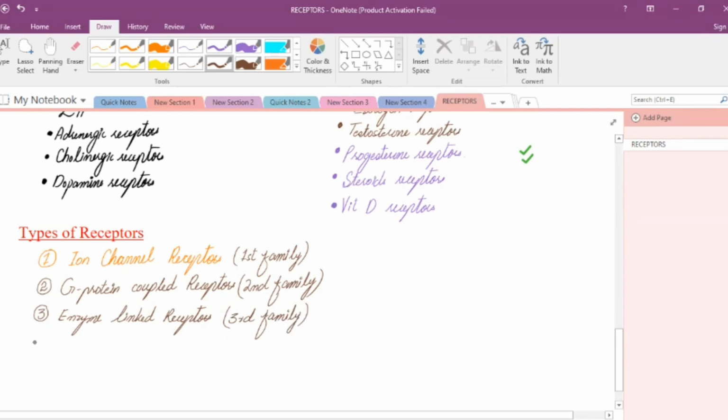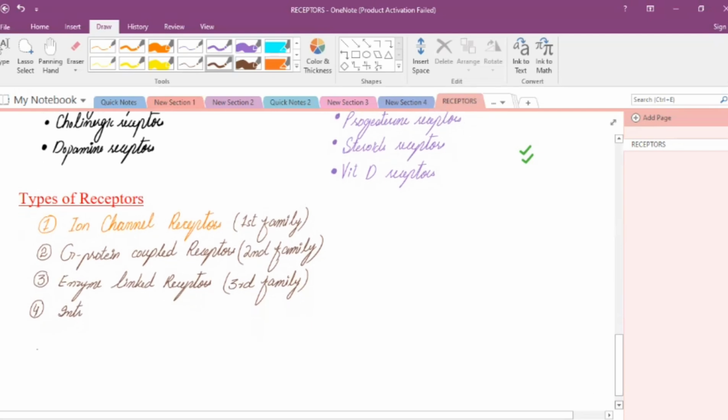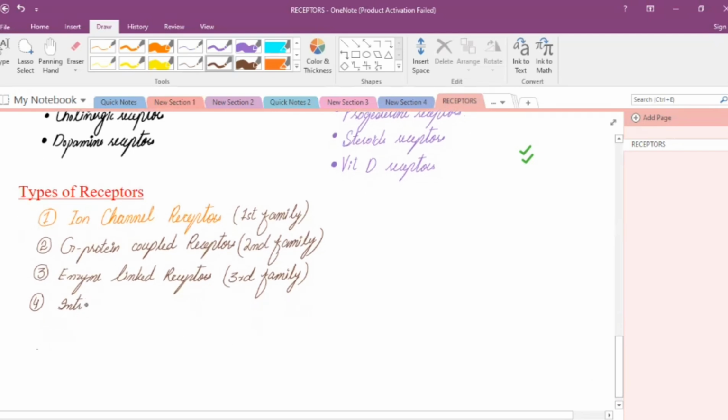The fourth one is intracellular receptors. That is the fourth family.